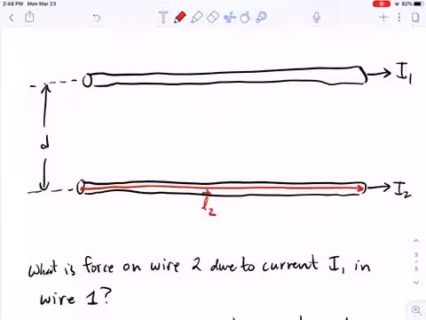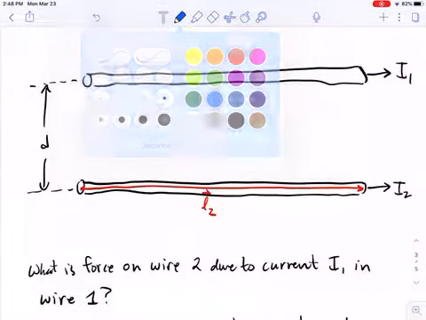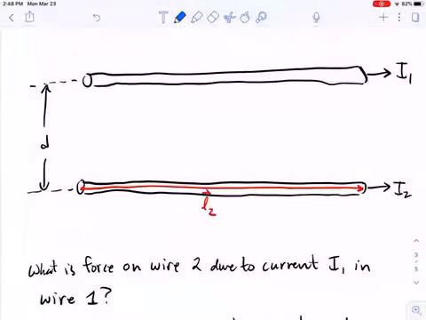And there's going to be a magnetic field due to I1. And so if we do the right-hand rule, let's put our thumb in the direction of I1 so it points towards the right edge of the screen. And our fingers curl around. And so there's a magnetic field, B1, that goes around the wire I1 in the way that I've drawn here.